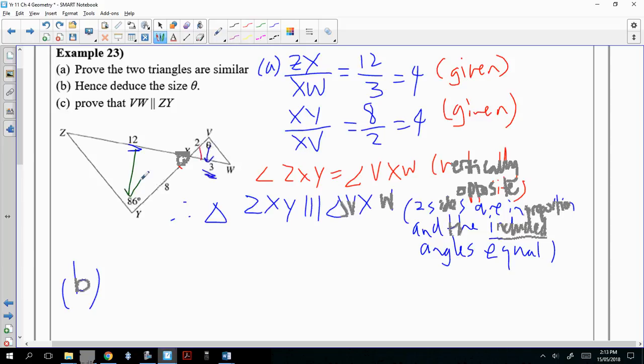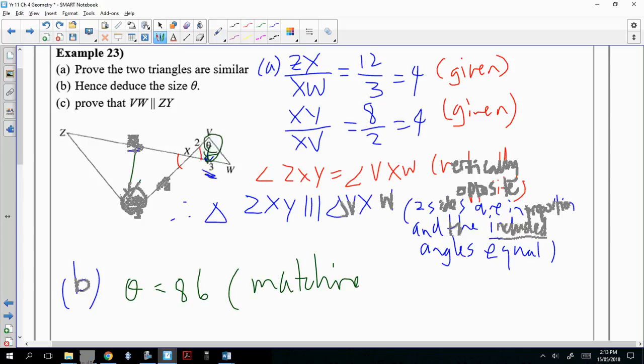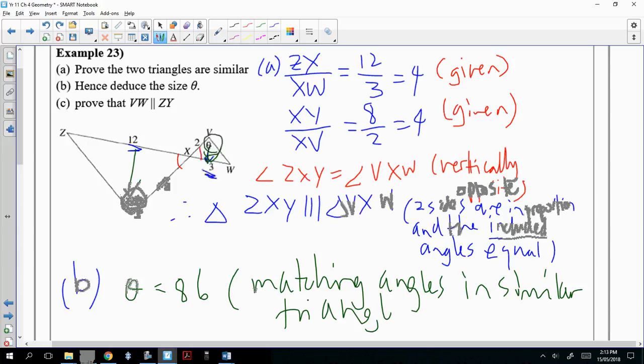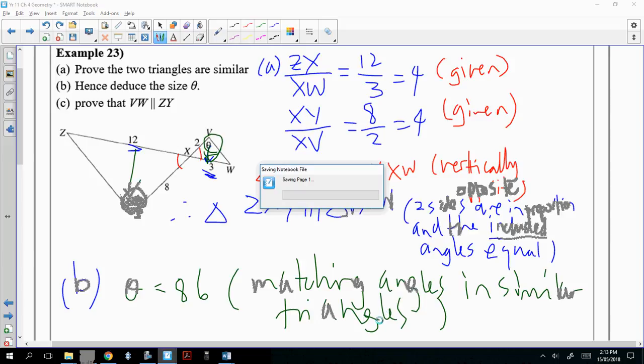Therefore, you say theta is 86, matching angles in similar triangles. You just say that. You don't have to really explain how you know that. You just write this equals that, matching angles in similar triangles. Then we'll do one more part, C.